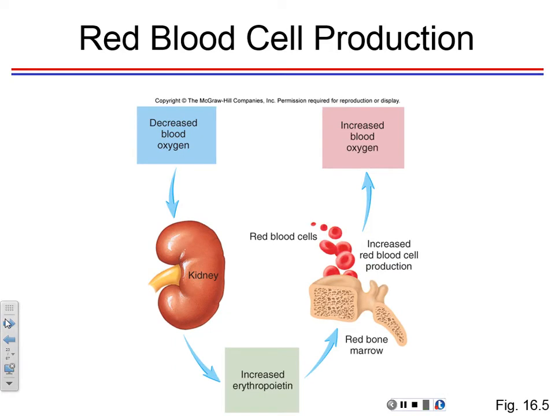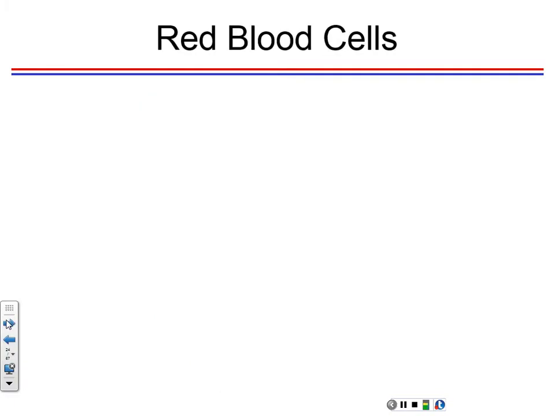So decreased oxygen, hypoxia, detected by the kidneys because they are filtering blood and know the concentration of all these substances. Then erythropoietin will cause more hemocytoblasts to be formed and turn into pro-erythroblasts, because those will become the red blood cells. And then, more red blood cells, more oxygen carrying capacity.